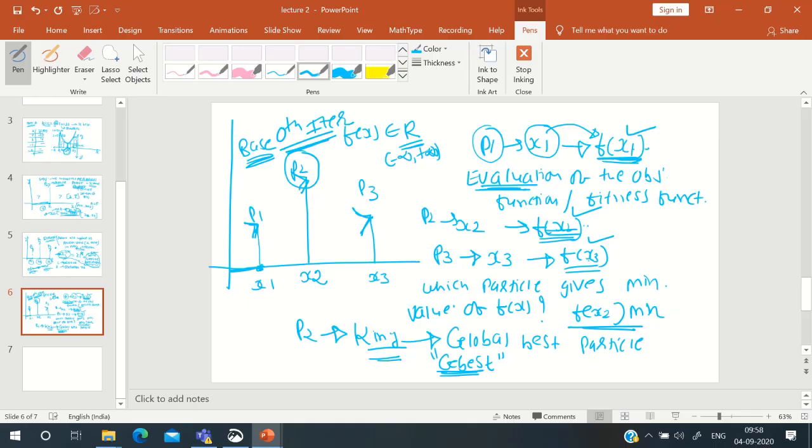corresponding to this initial x value, the initial position of the first particle, this initial position is also known as the personal best position.